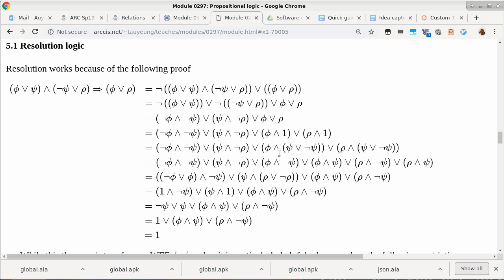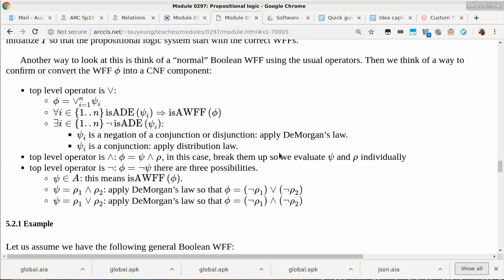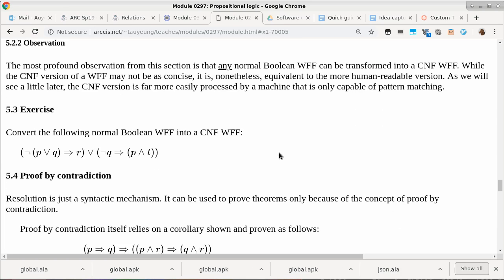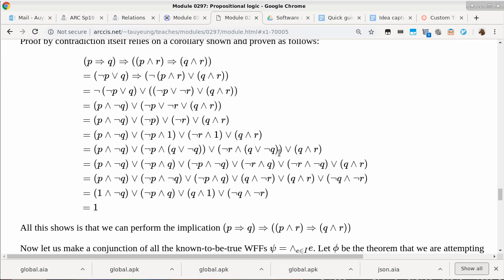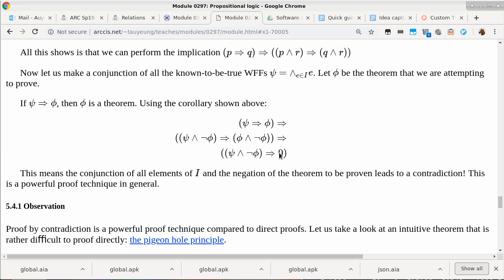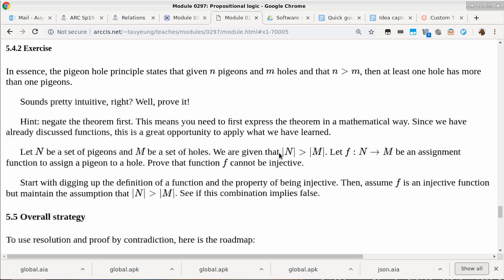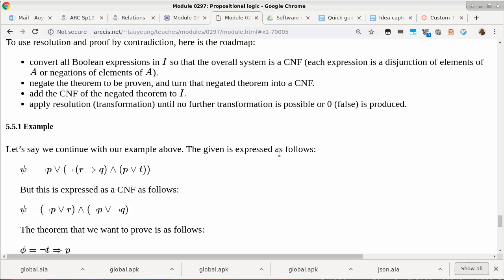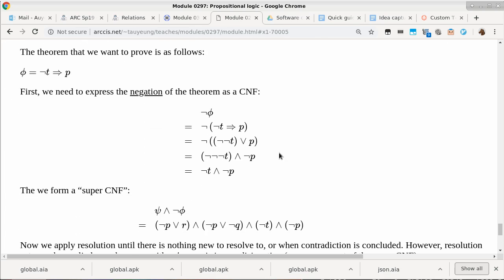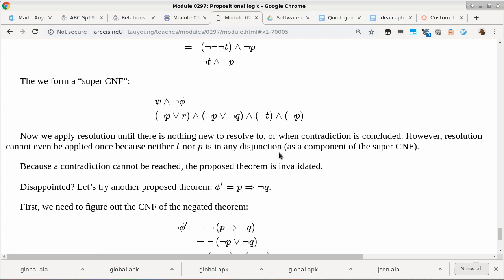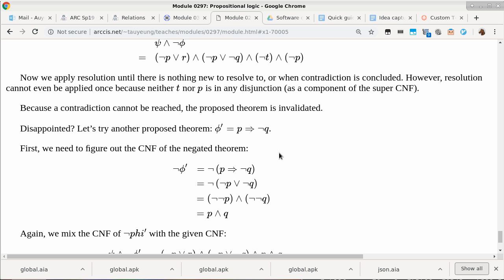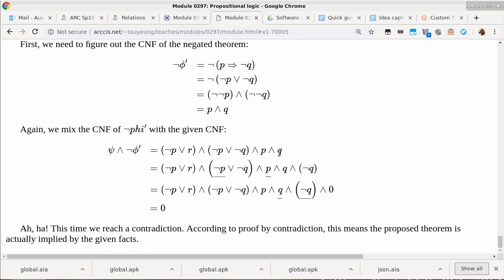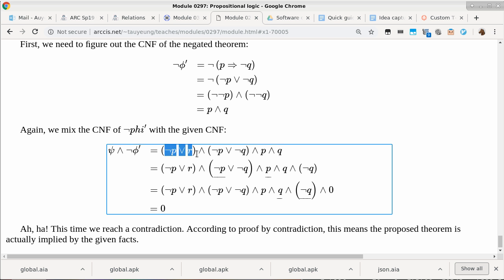So let's see. I'm skipping forward quite a bit in order to come up with an example. We'll take a look at this part here.